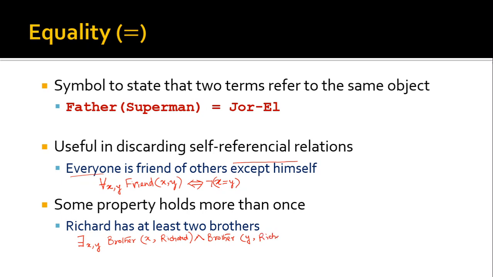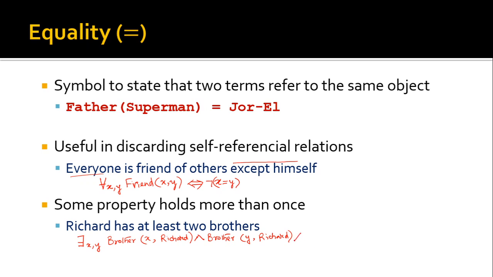But if you don't do anything else, it might so happen that you have chosen this X and Y to be the same person. If that is so, then it may end up with the fact that Richard might have only one brother, right?